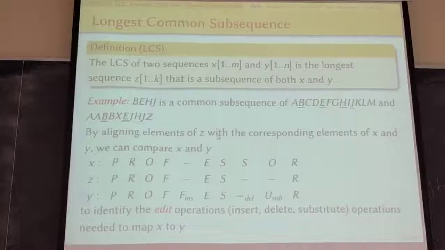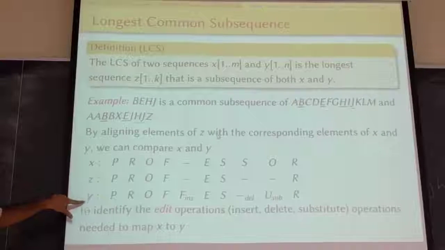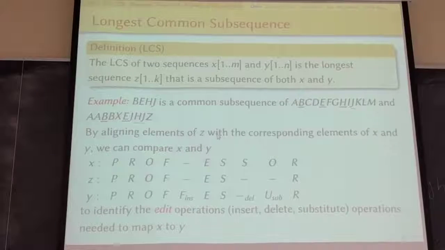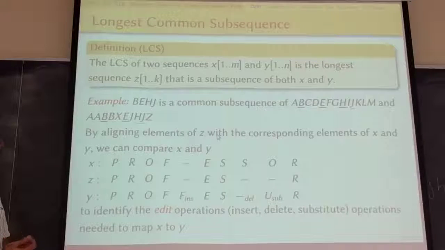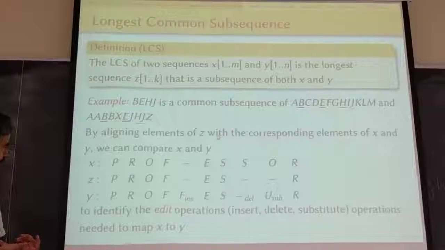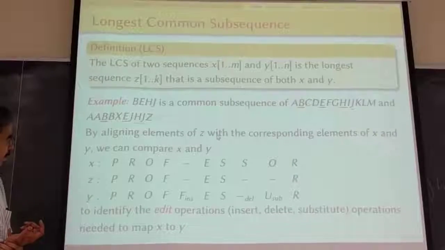So here is another example. X and Y are being compared, and you want to find the longest common subsequence. One way to understand this is by arranging the characters this way.